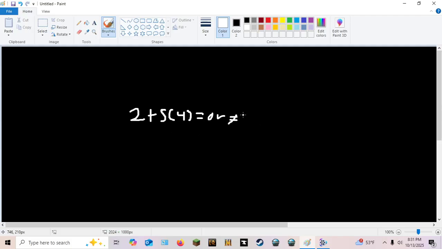S of 2 plus 4. Well, remember that 0 plus successor of n is equal to the successor of 0 plus n?